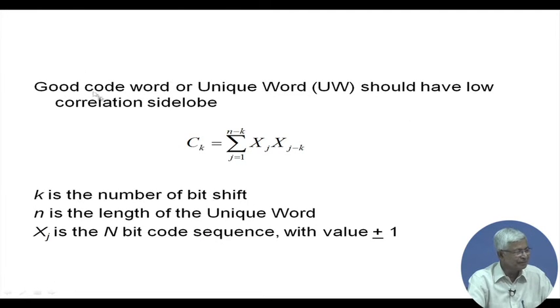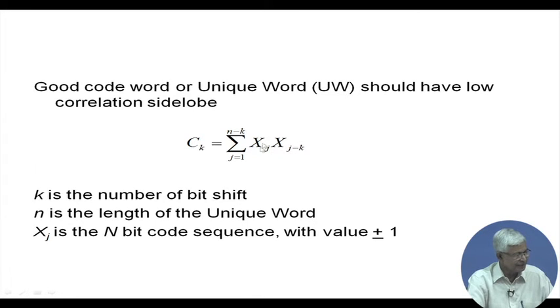A good pattern can be used, or we can use the term code word or unique word. Normally this word, unique word, is a unique pattern. So, the unique word should have low correlation side lobes. You know what a correlation side lobe is. Here it is shown as Ck, a summation of j equal to 1 to n minus k, of xj and xj minus k.